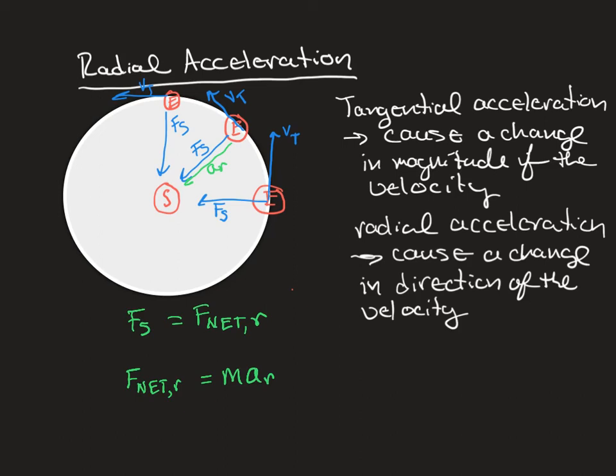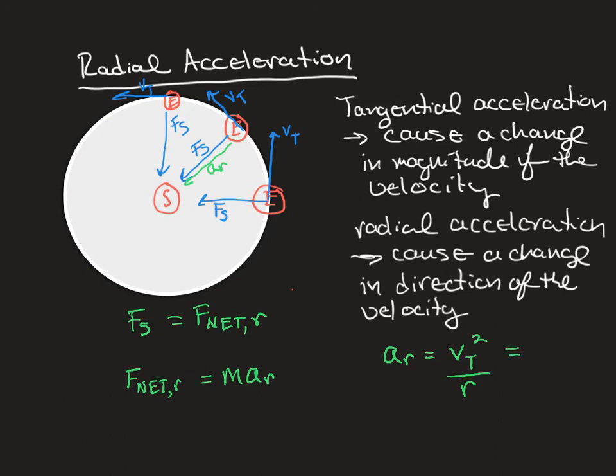Here though, acceleration is not going to get plugged back into a kinematic equation, but we have a separate relationship for radial acceleration. So radial acceleration is going to equal the tangential velocity squared divided by the radius, or the distance between the two objects.